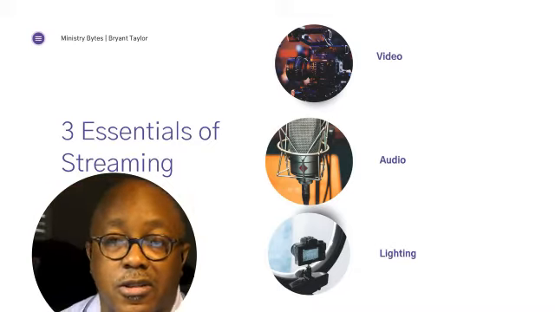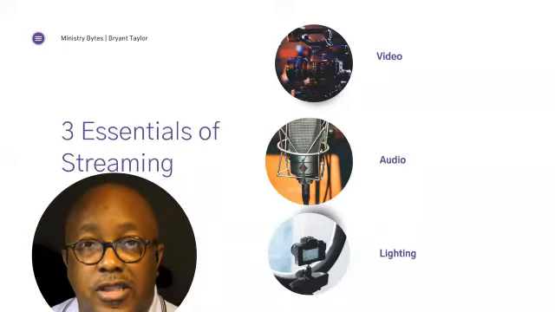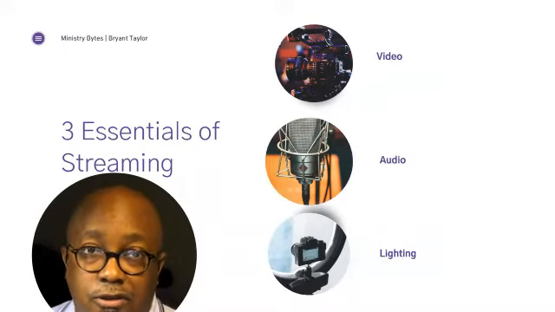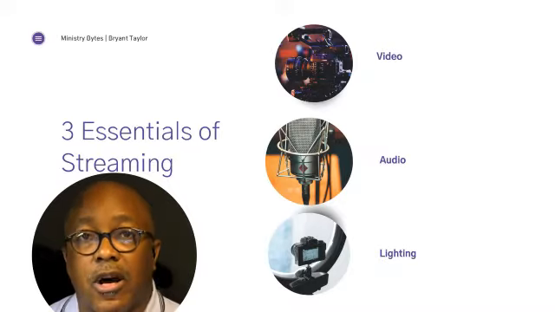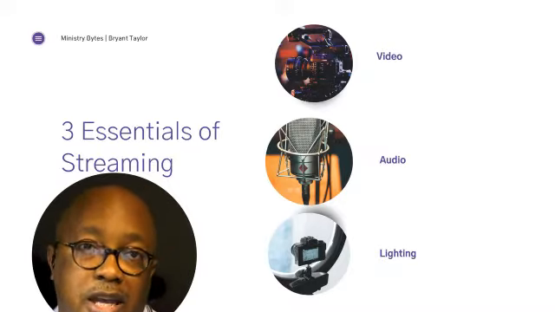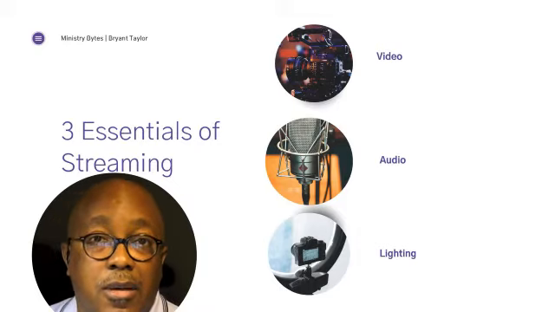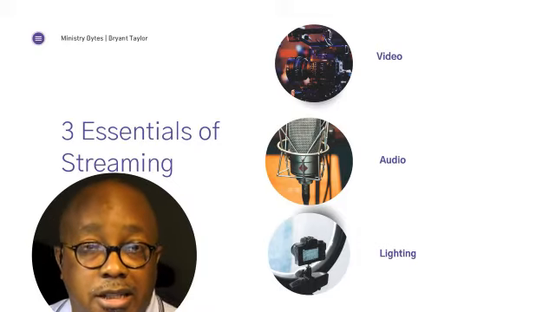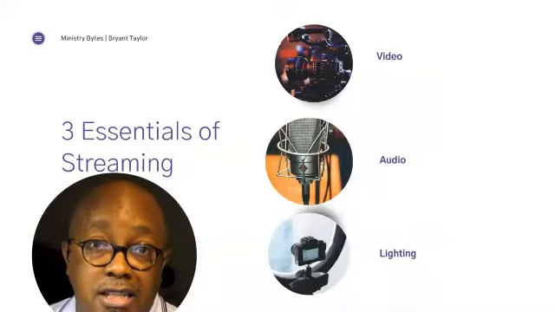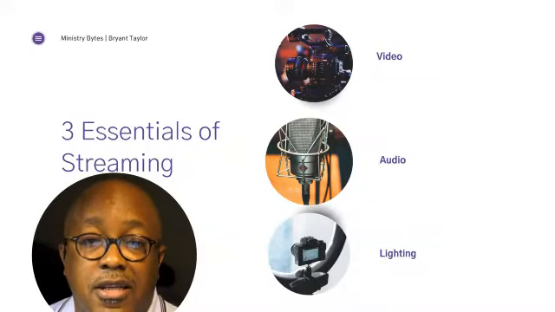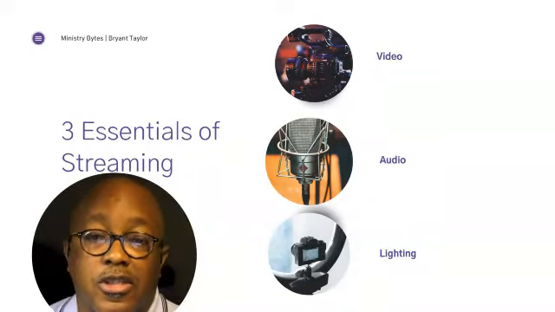So those are the 3 things that are essential for streaming: good video, great audio, good lighting. And we'll talk about those 3 things today in various different ways, and talk about some of the technology, the equipment, and the gadgets that you can get to make sure that your stream is going well.